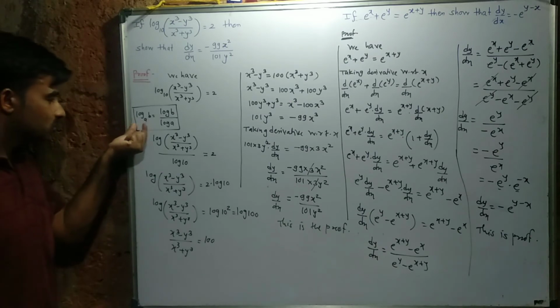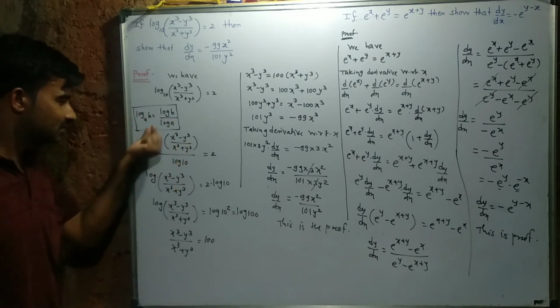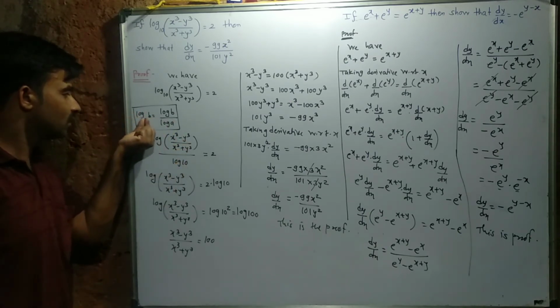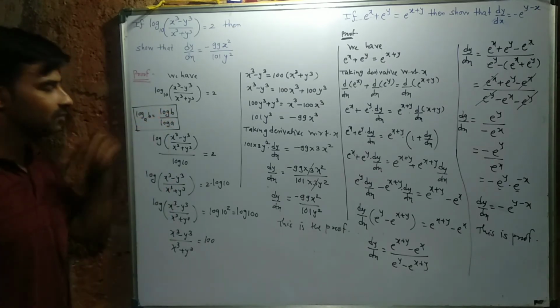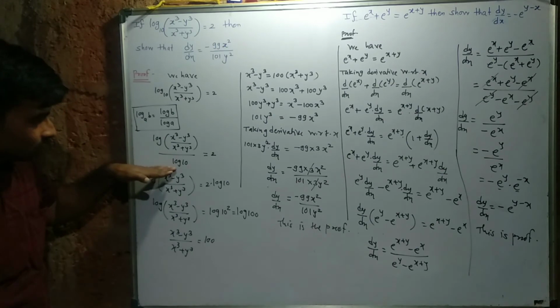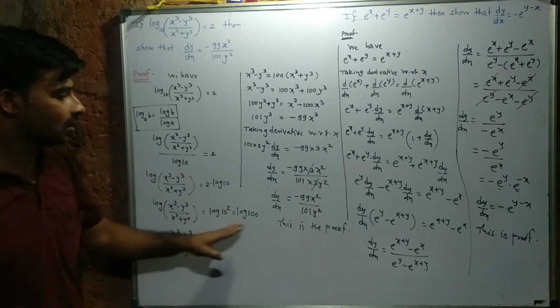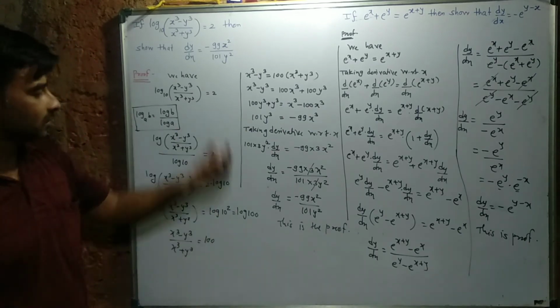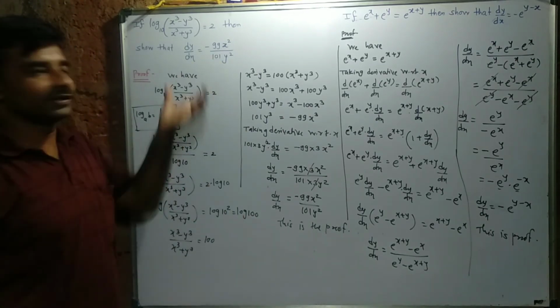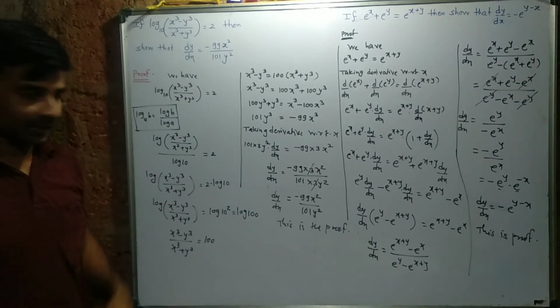For this purpose, first of all we use log of b to the base a is nothing but log of b divided by log of a, and according to that it is converted into the 100 here, and if 100 is here then you will get the very nearer case of that one, that means 101 is there.